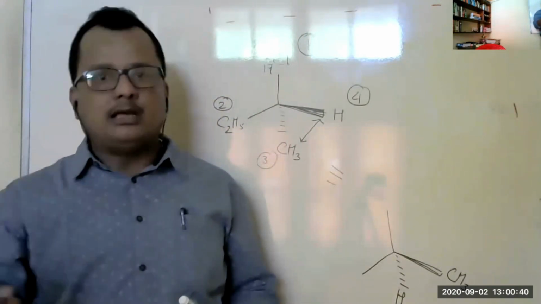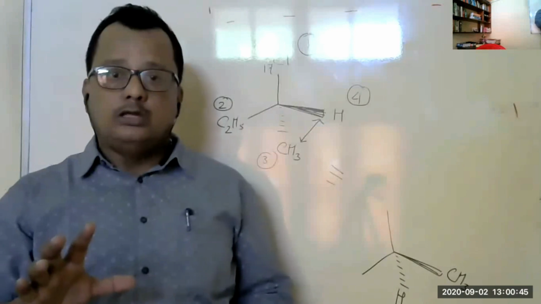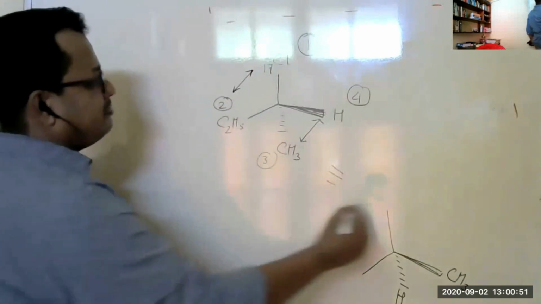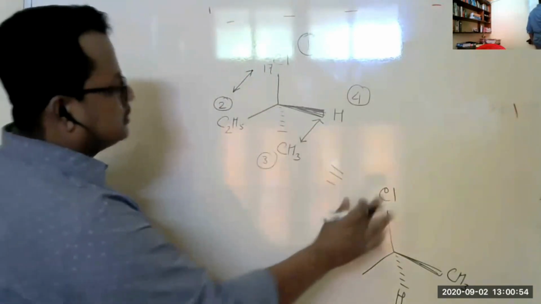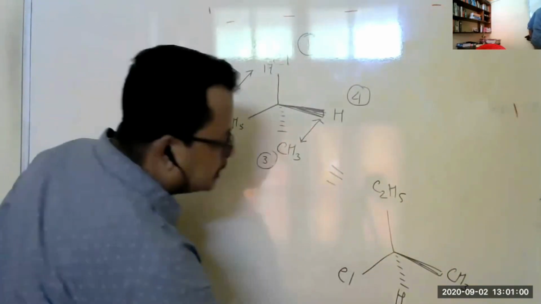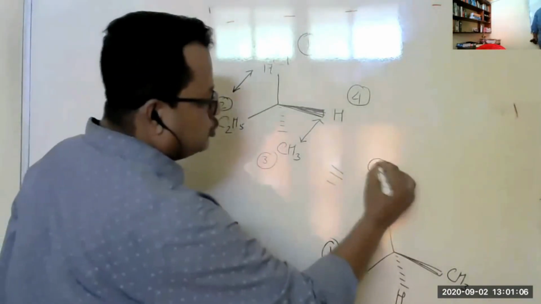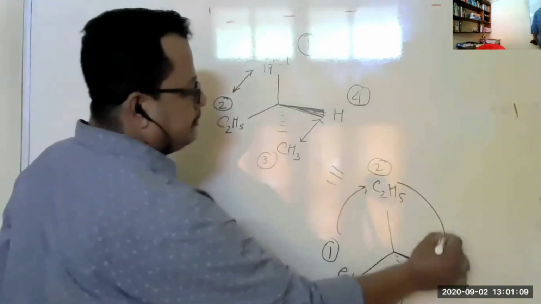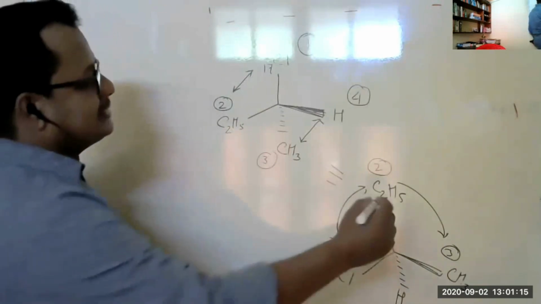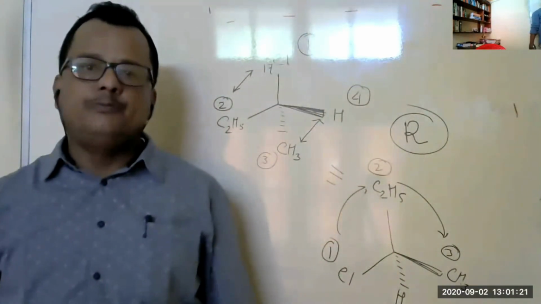R will become S, S will become R. So in order to keep the configuration intact, you have to interchange an even number of pairs. So in order to counter it, I will also interchange this pair. Then the ethyl group goes here, and chlorine comes here. Now this is 4, it is away from you. This is 1, this is 2, this is 3, and it is clockwise. 1, 2, 3, it is clockwise. So the configuration will be R. So we can assign configuration R.